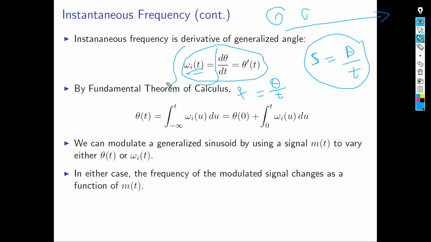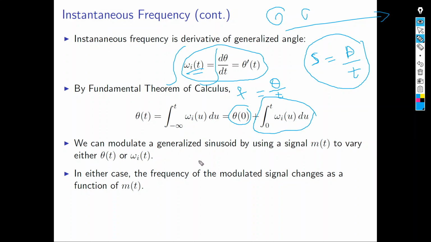You integrate both sides. The integration of d theta is theta of t, and you integrate omega i of u du from minus infinity to t. The integration from minus infinity to 0 gives you theta 0, which is the phase offset, and then you put the remaining integration separately on the other side.